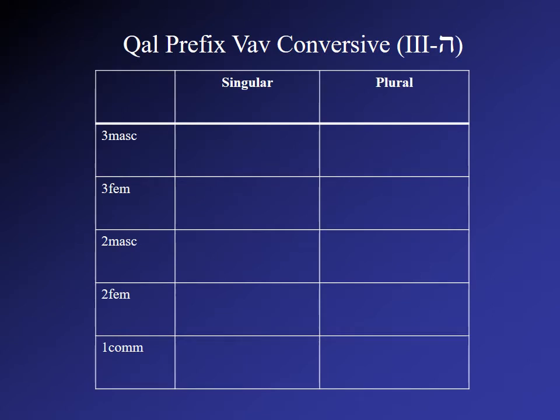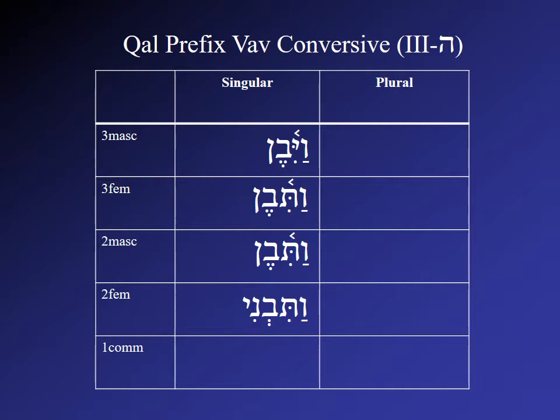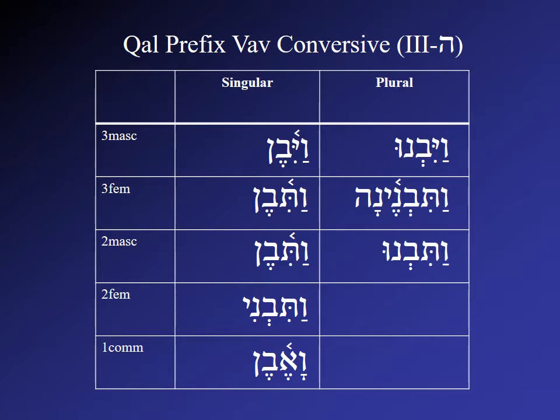So if we were then to look at the kal prefix vav conversive in the full paradigm, vayiven, vativin, vativin, vativni, vaevan, vayivnu, vativnena, vativnu, vativnena, vayniven.